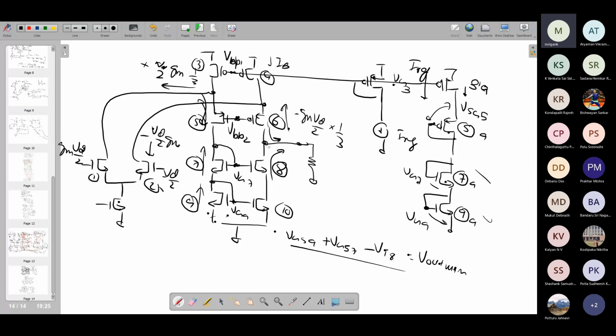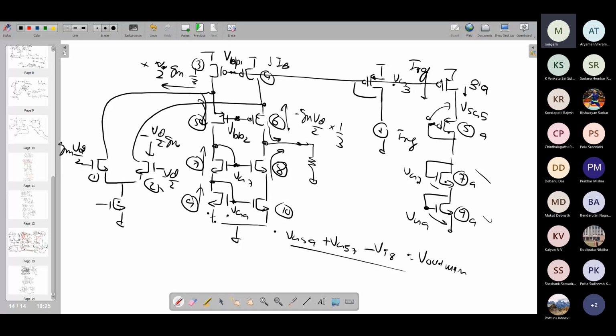in the output DC point over here, how the output DC comes. Here also it is a high impedance node. However, if you have appropriate bias voltages generated for VB2, VG7, VG9, this is just like a differential amplifier with current mirror load. It is also going to be self-biased.